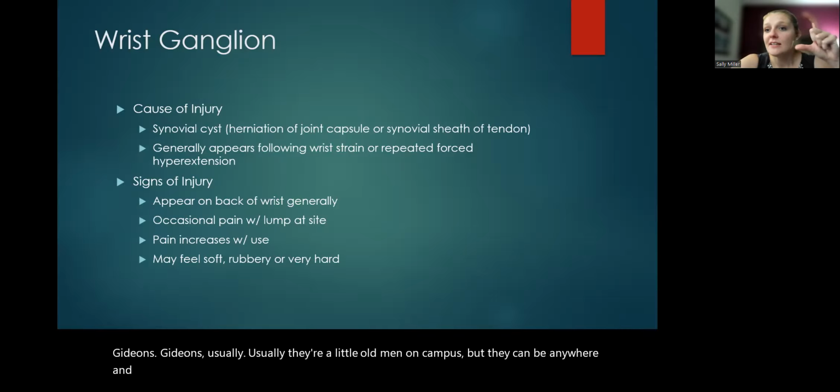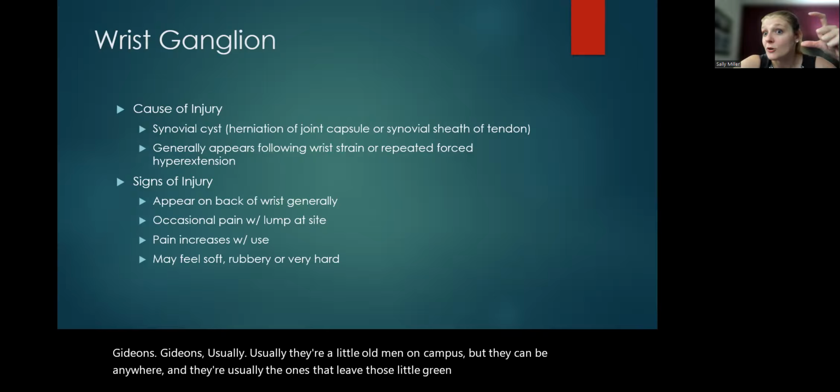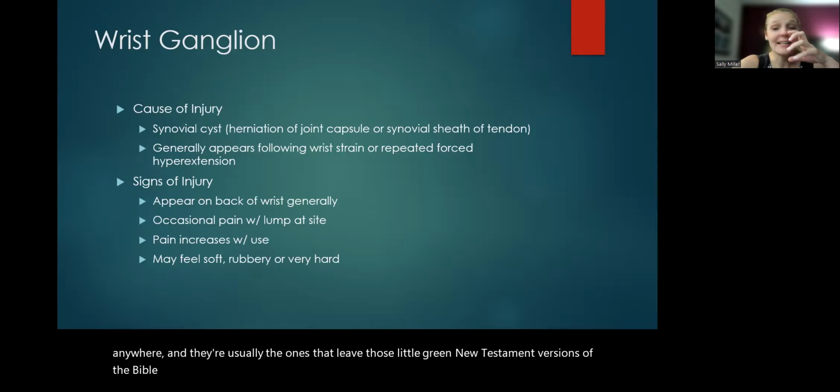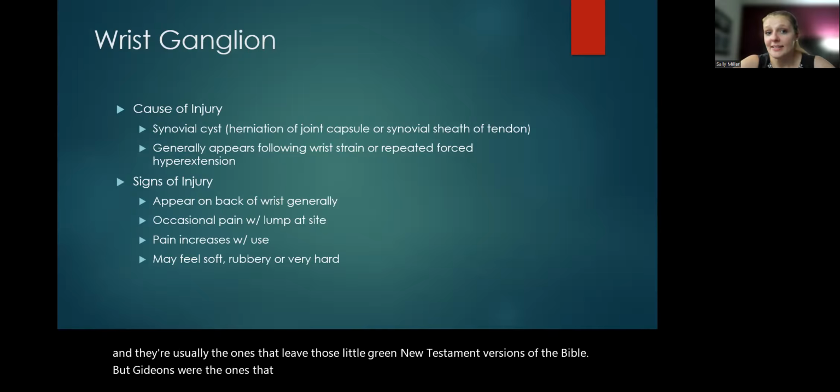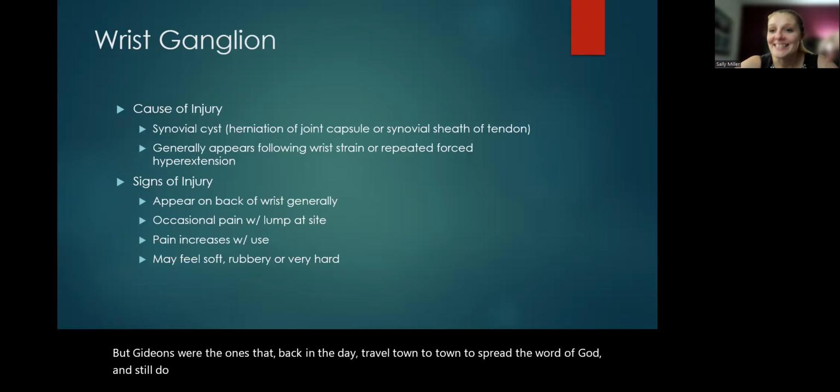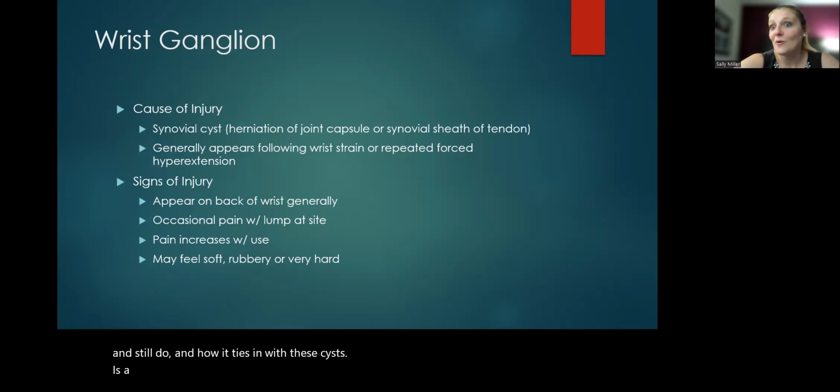They're usually the ones that leave those little green New Testament versions of the Bible. Gideons were the ones that back in the day traveled town to town to spread the word of God, and still do. And how it ties in with these cysts is a little bit of the historical expression for how people would treat them.